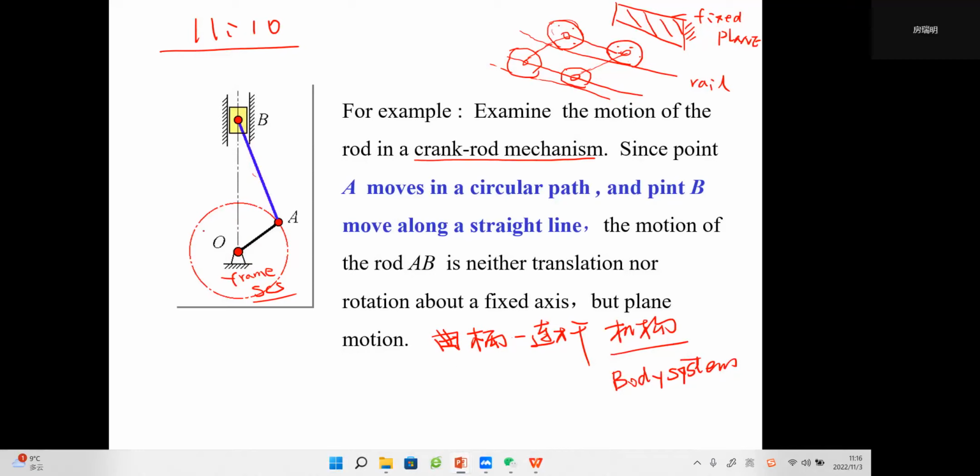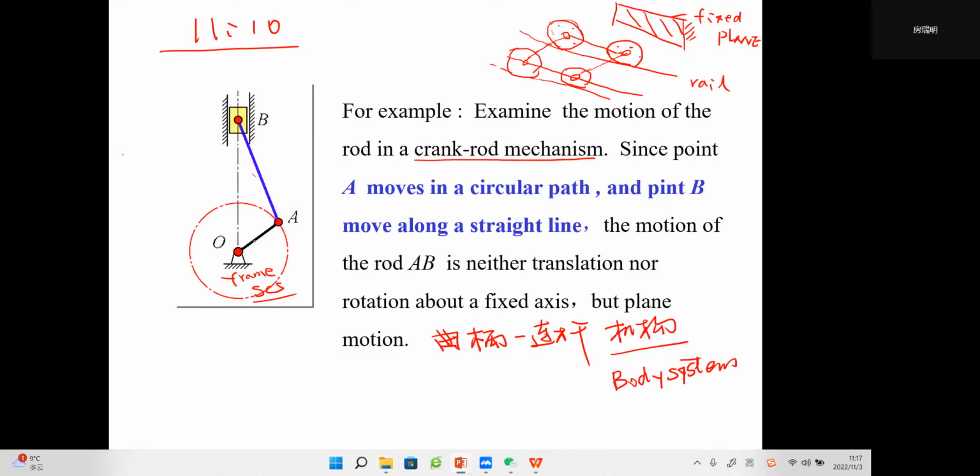You can find that this is the principle of combustion. Do you know combustion? 内燃机. That's how our car can move with the combustion of gas, 汽油, you know. And I think that is 曲柄连杆机构.